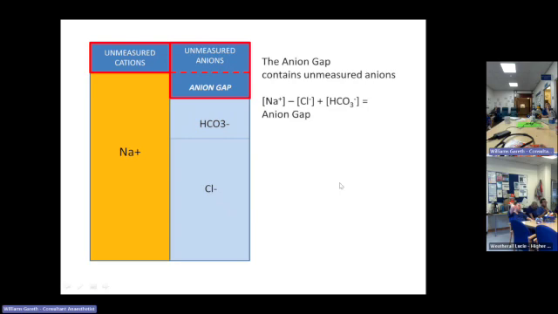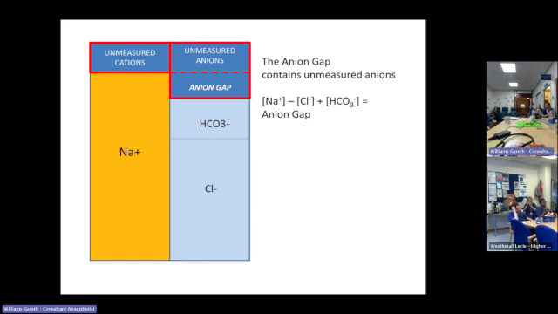So this is sort of a pictorial picture of the normal situation. We've got some unmeasured cations that we don't think about too much, like magnesium and calcium. Sodium is the big contributor in extracellular fluids to our cation effect. On the other side, we've got chloride and bicarbonate, and then some other anions we don't normally bother measuring and talking about.